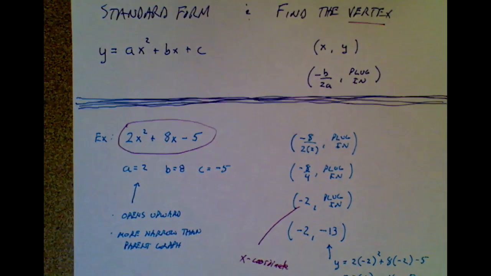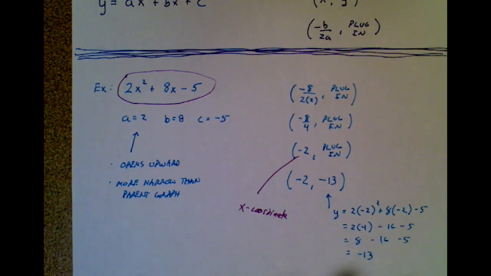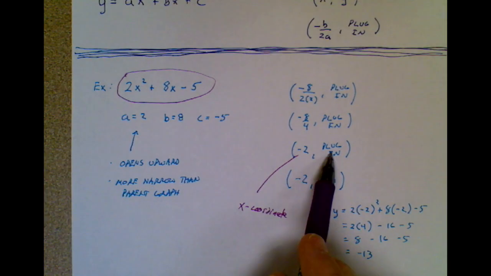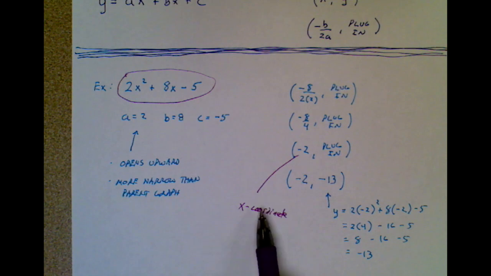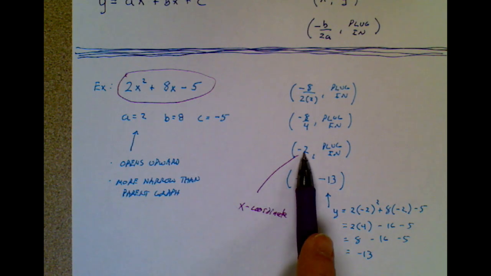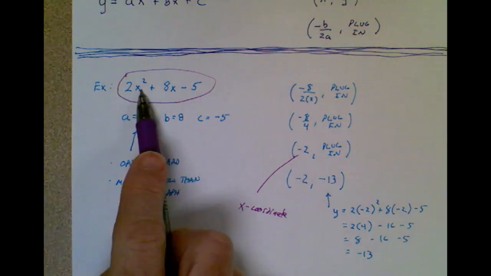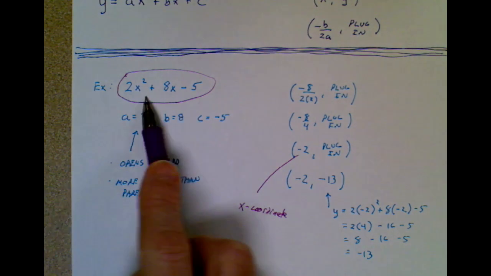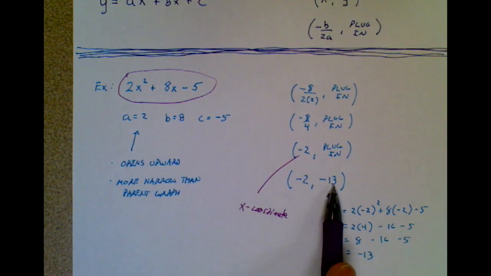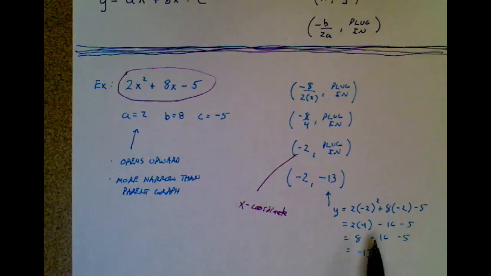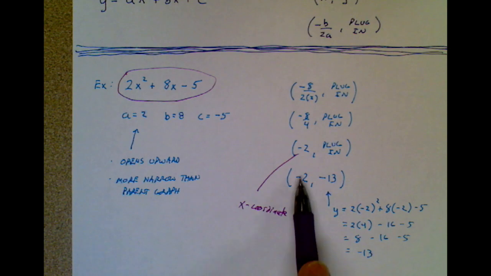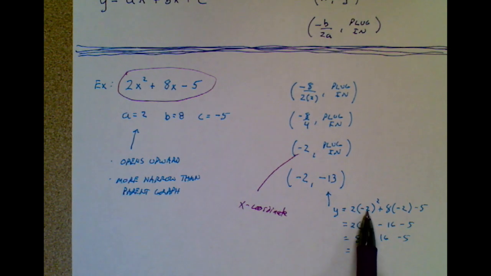But to really know where my vertex is on the coordinate grid, I need a y value. So we do the same thing we've done many, many times in the math world. You take your x value, plug it in for x, do the math, and get out a y value. There you see it down here. My x value of -2 gets put where there was an x squared.